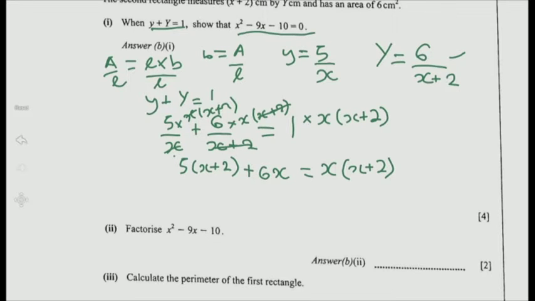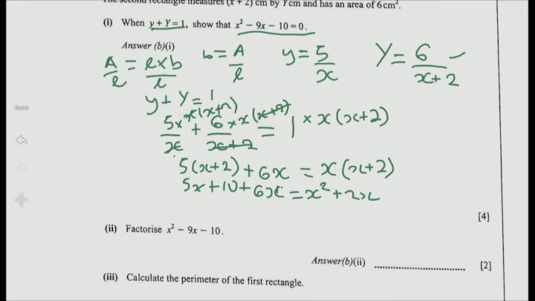Now, 5 times x, so you get 5x plus 5 times 2, that's 10, plus that term there, 6x, that's equal to x times x, which is x squared, right? Then x times 2, again, that will be 2x.